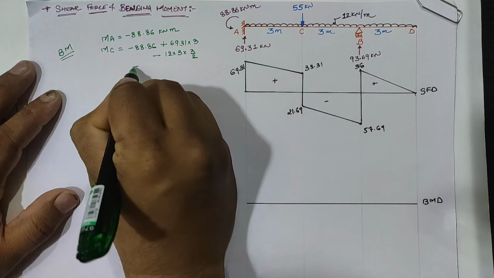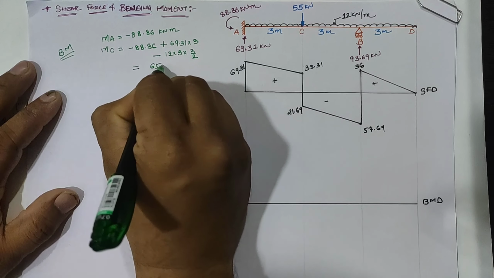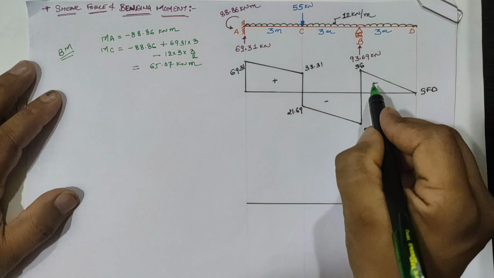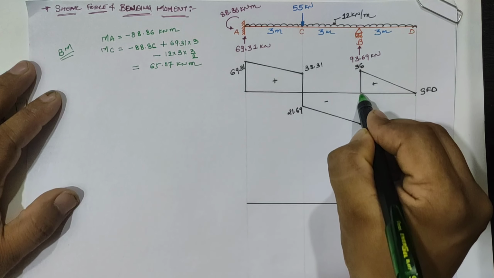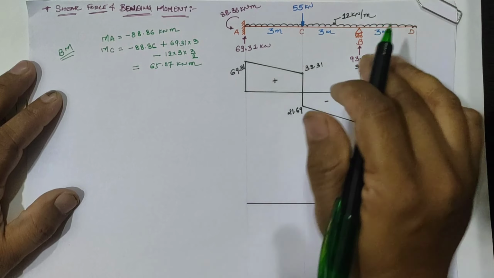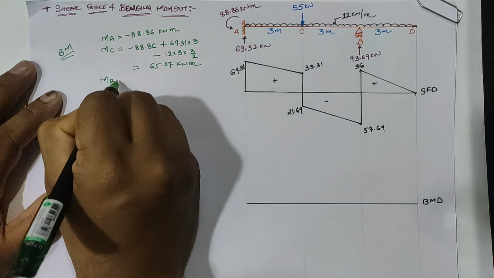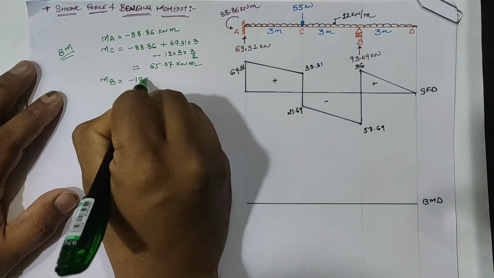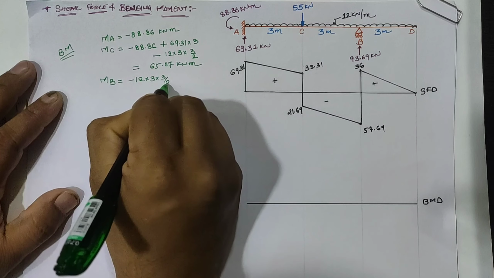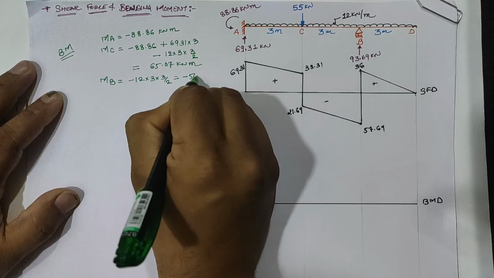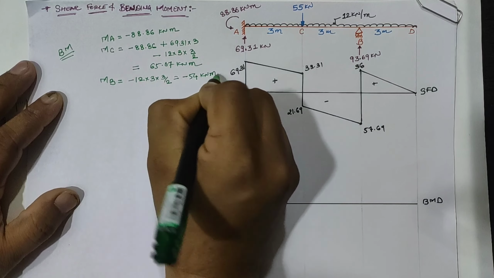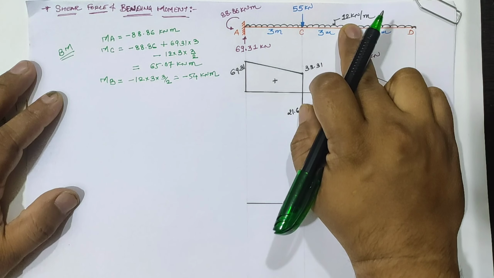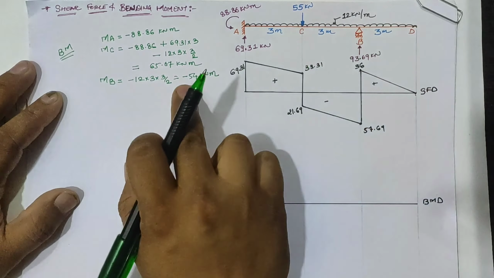Hence our value is positive 65.07 kilonewton meter. And if we take the moment at location B, considering the right hand side, then moment at B is equal to minus 12 into 3 into 3 by 2, which is minus 54 kilonewton meter, as the right hand side of the section in clockwise direction is negative.